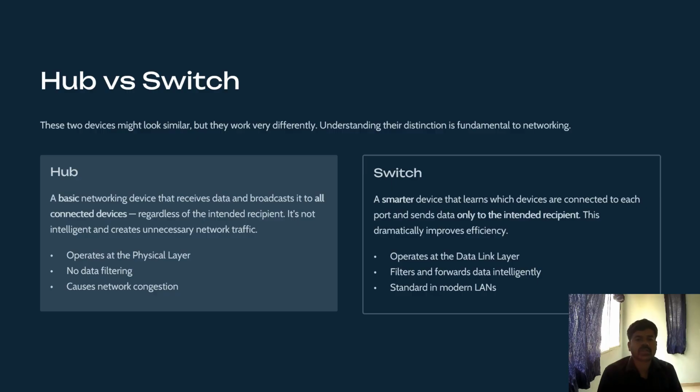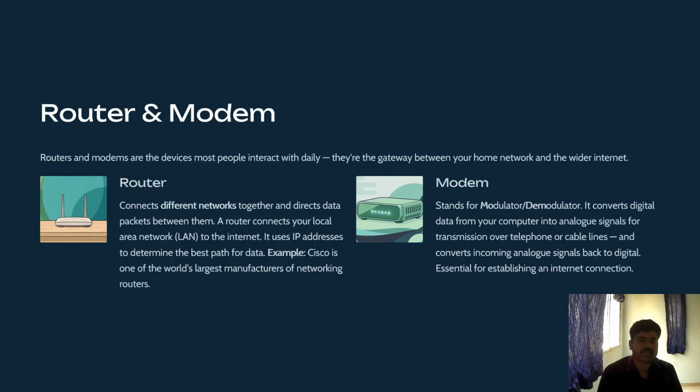It does not perform broadcast. Switches are used in local area networks. The third one is router. The router connects different networks together.